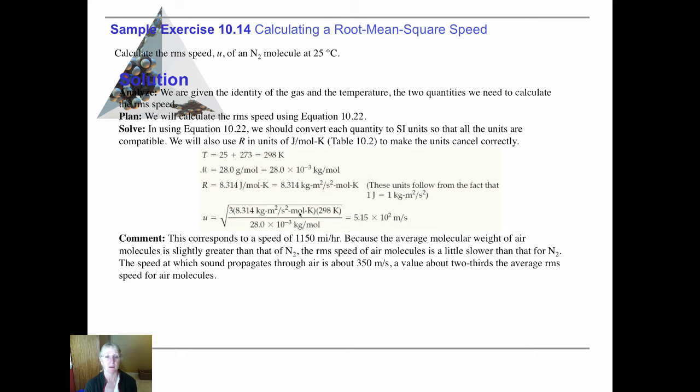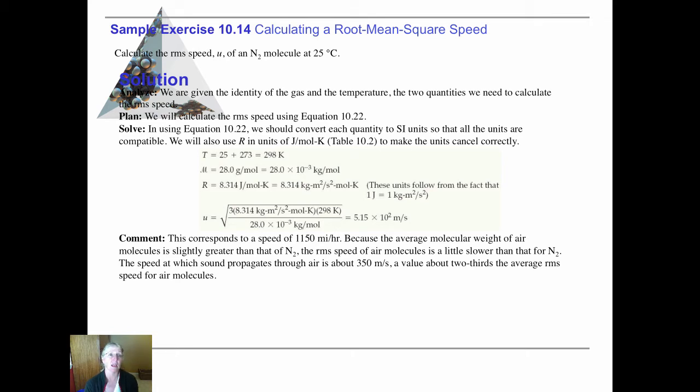This Kelvin is basically on a denominator, so it would be canceling out that Kelvin. Let's see what else needs to cancel out. These moles will cancel out. So you're left with meter squared, second squared, but remember we're going to take the square root of that, so it ends up being just a speed, meters per second.